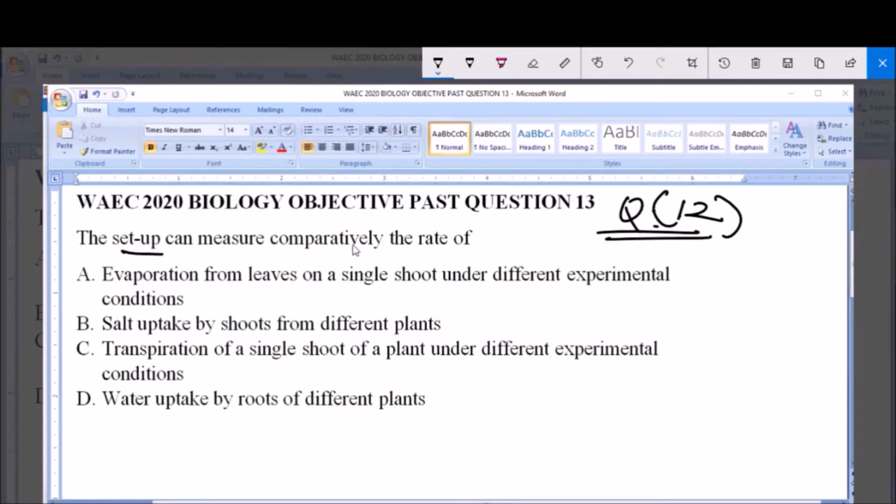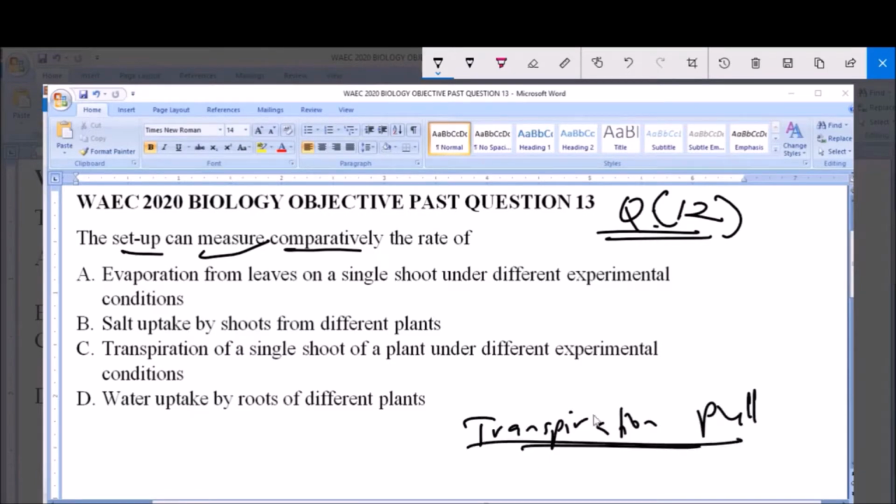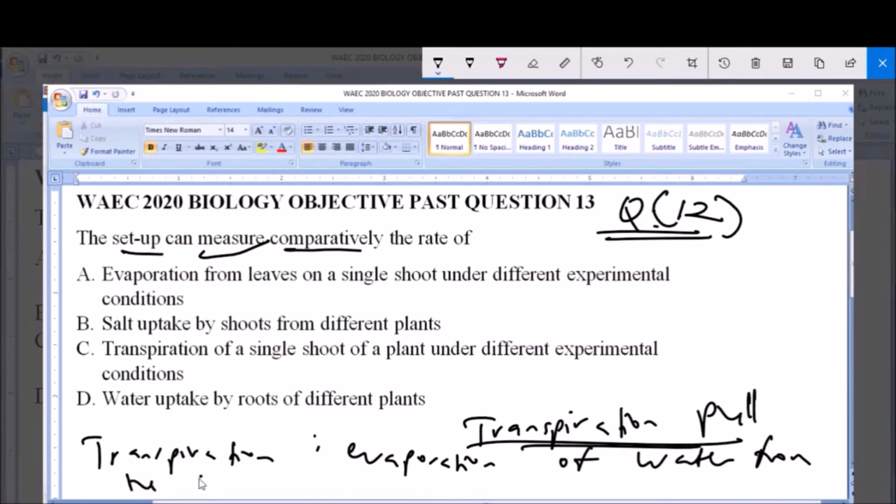Now, for this case, we are asked what does the setup comparatively measure? As we rightly established, that setup is used to measure transpiration pull or force of transpiration, and transpiration refers to the evaporation of water from the surface of leaves of plants.